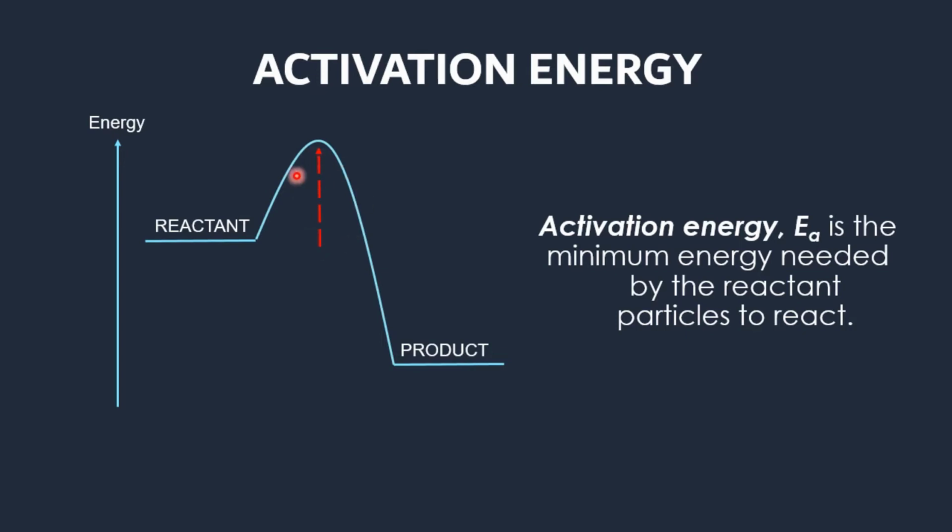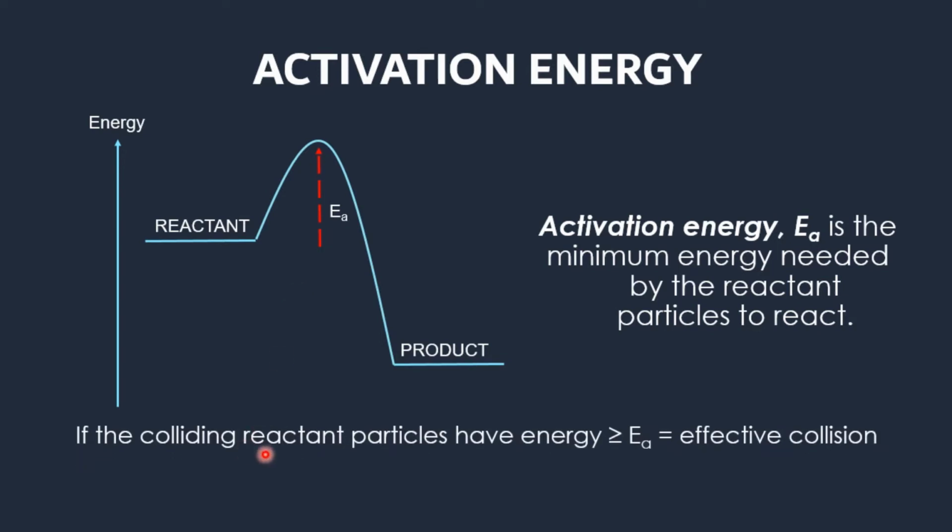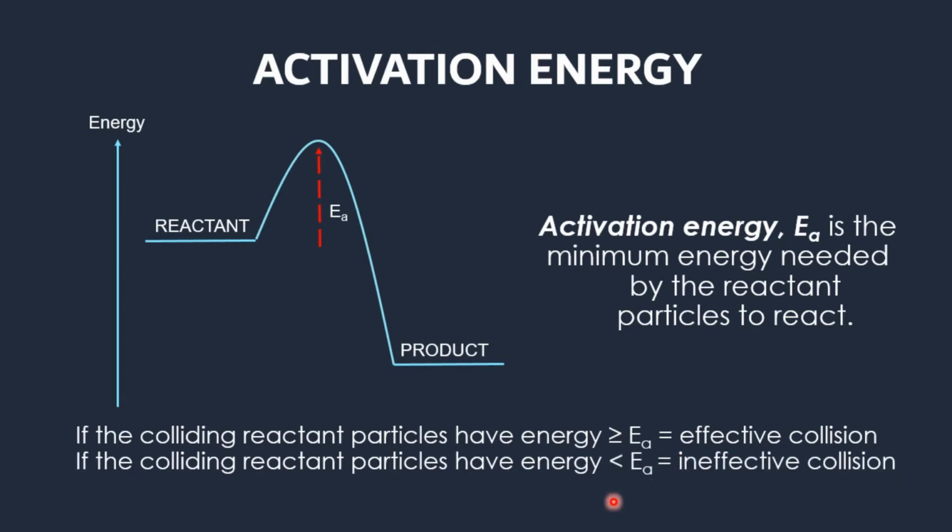This is the EA, activation energy. If the colliding reactant particles have energy bigger than or equal to EA, therefore it is an effective collision. If the colliding reactant particles have energy less than EA, therefore it is an ineffective collision.